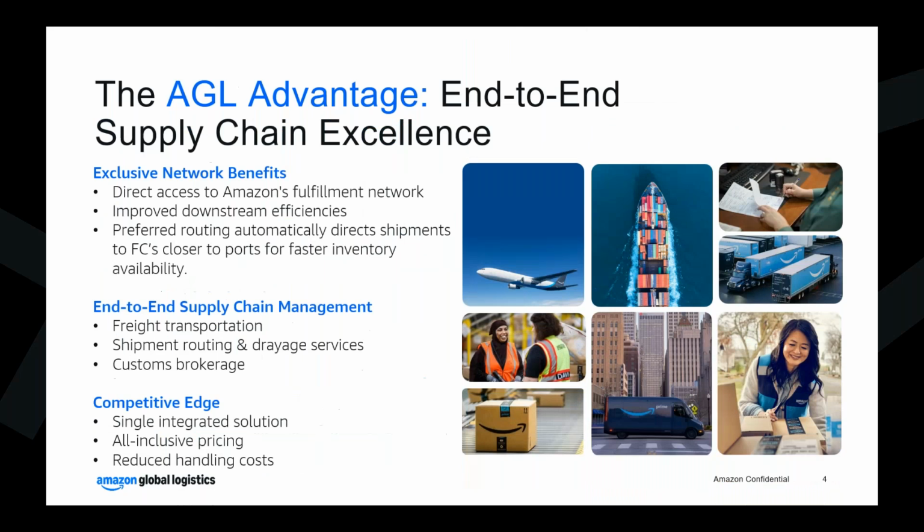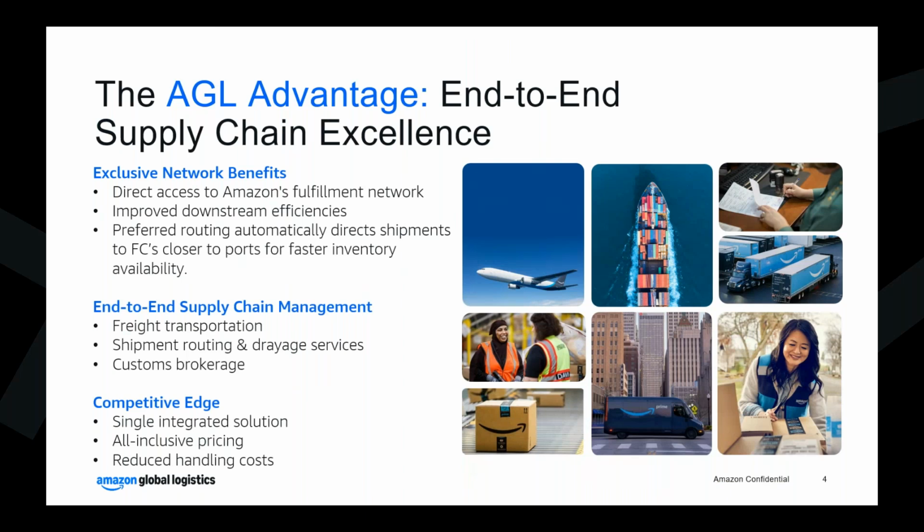And then coming back to the advantages that I was mentioning earlier, I think the Amazon Global Logistics advantage, or what sets us apart, is really that you have exclusive network benefits. So with Amazon Global Logistics, you would be sending straight to the fulfillment center. You can really improve downstream efficiencies by not having multiple steps in your supply chain and by managing everything with one freight forwarder.